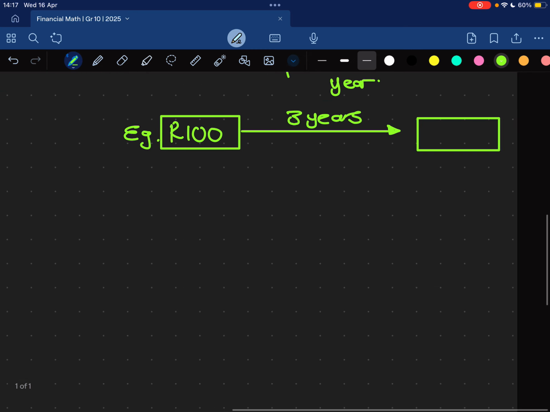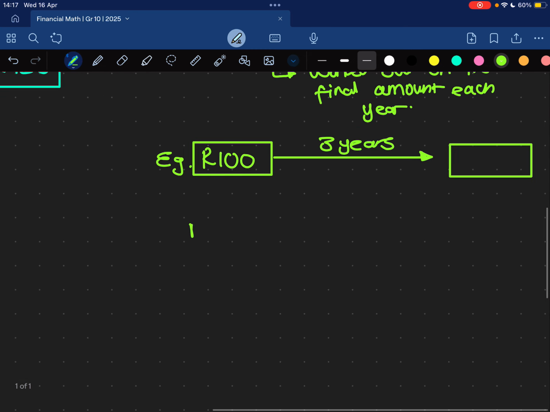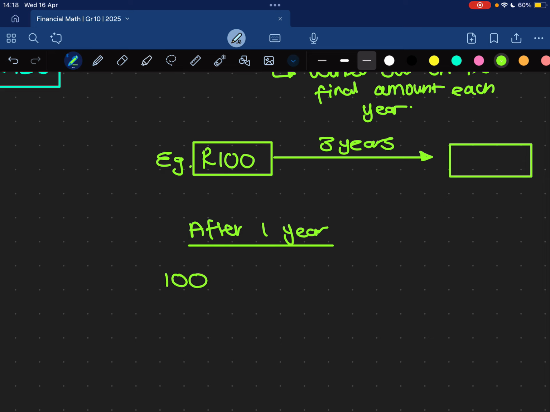So after 1 year, I'm going to have 100 Rand, which is going to be added to the 10% compound interest.